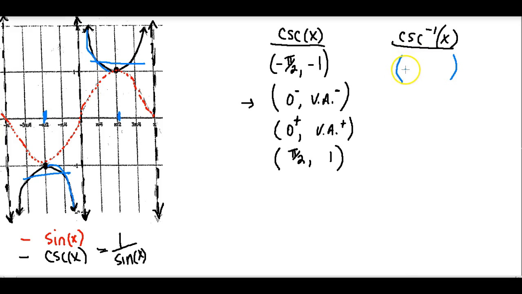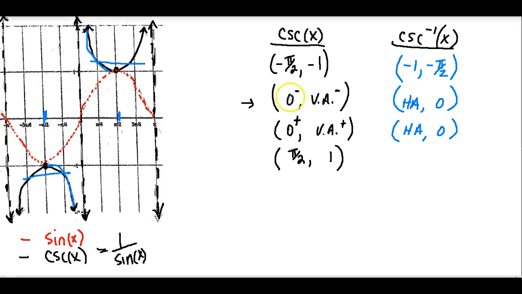So instead of having negative pi over 2, negative 1, we have negative 1, negative pi over 2. And then, instead of a vertical asymptote, we would have a horizontal asymptote. So this would be a horizontal asymptote at y equals 0, and then, of course, a horizontal asymptote at y equals 0 again.